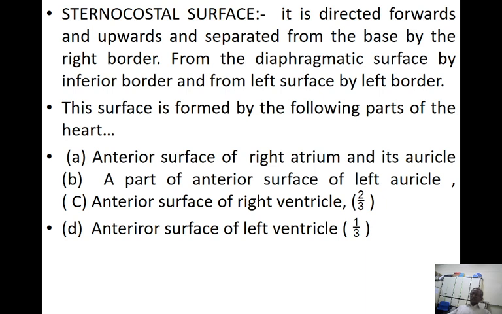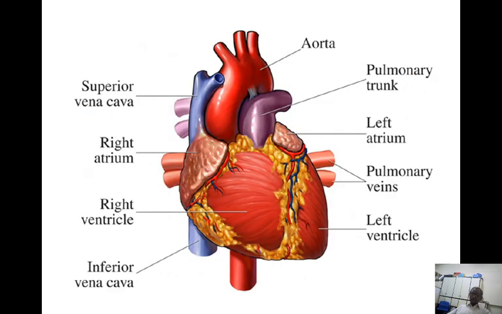This surface is formed by the following parts of the heart: the anterior surface of the right atrium and its auricle, part of the anterior surface of the left auricle, the anterior surface of the right ventricle, and the anterior surface of the left ventricle.